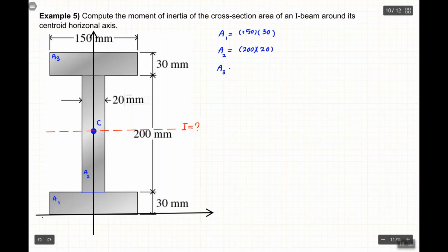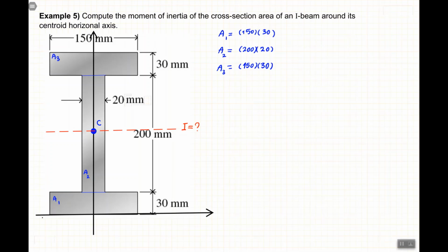And A3 is 150 multiplied by 30. All right, that's about the area. So for each of these areas, let's see if we can write down the moment of inertia basically.